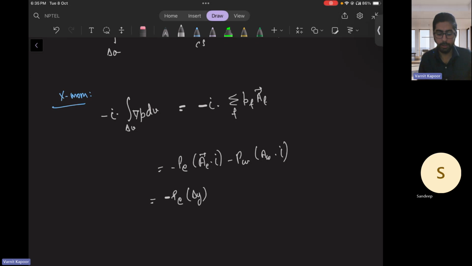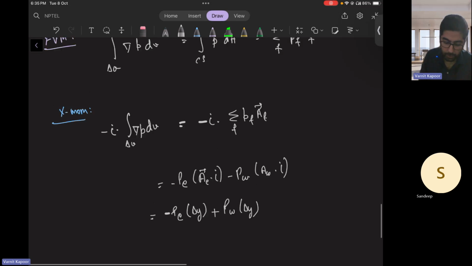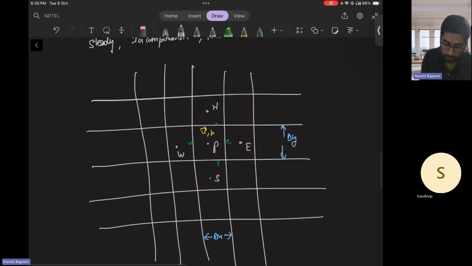Whereas if you go for west, the area is pointing in the negative x direction, dot with I, it will be negative. So negative outside and inside negative gives you positive PW del Y. Then if you go with the Y momentum, for north and south, even if you do the dot product, it will be 0, because I hat is in this direction and the area vector is pointing in this direction.